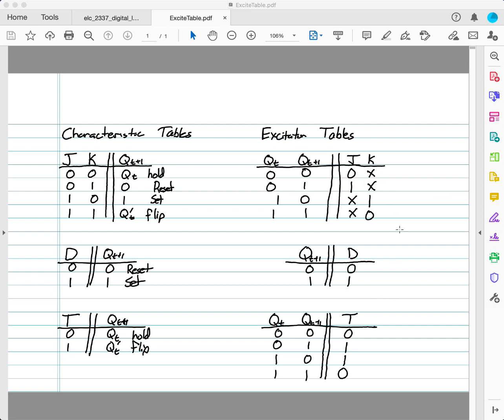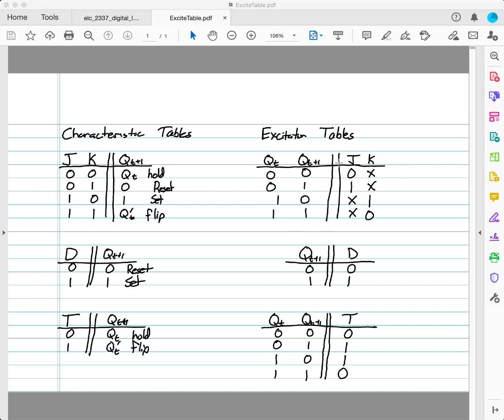I've written out what the excitation tables are here, but we want to talk about how we get them, and then we'll do an example. So let's consider how to get the first one. We're going to walk row by row through here. First off, we're going to take a look at the JK excitation table.